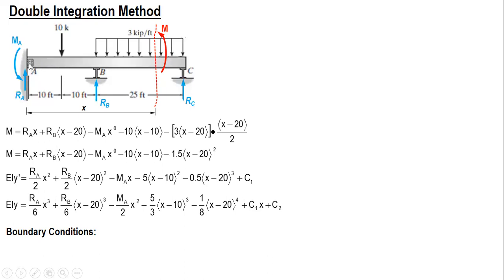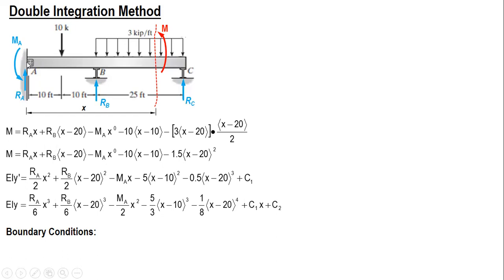But if you look at the problem, we have 4 boundary conditions. At A, since it is fixed, the slope is 0, and the deflection is also 0 at A. At B, deflection is 0, and at C, deflection is 0. So we have 4 compatibility equations.